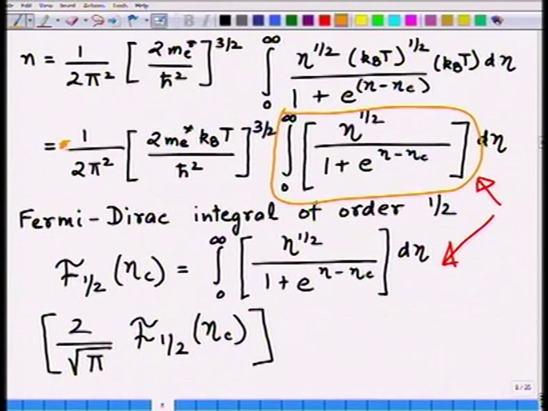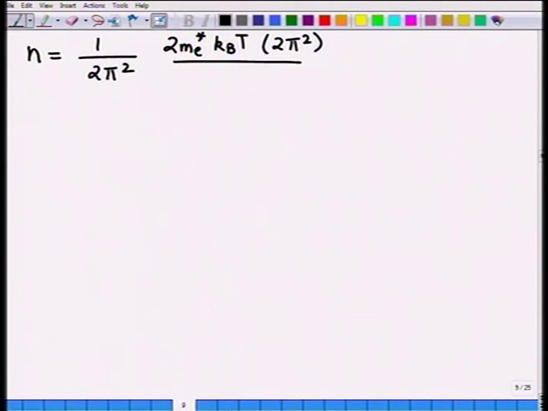So, I am going to rewrite the quantity n again. n now is equal to, therefore, 1 over 2 pi square 2 m e star k b t. What I am also going to do is write 2 pi square right here divided by h square now to power 3 by 2. That is one change I am making.